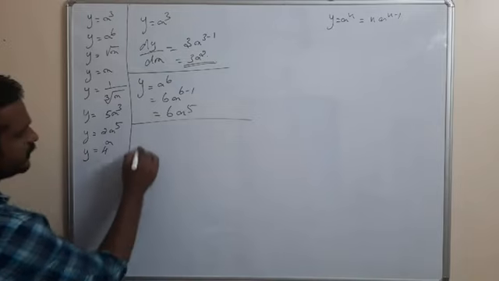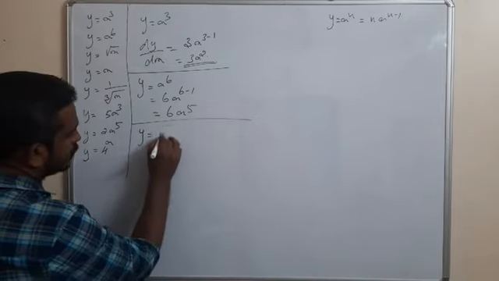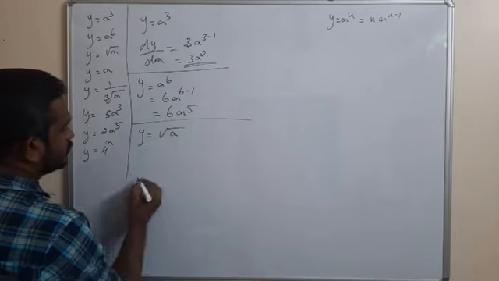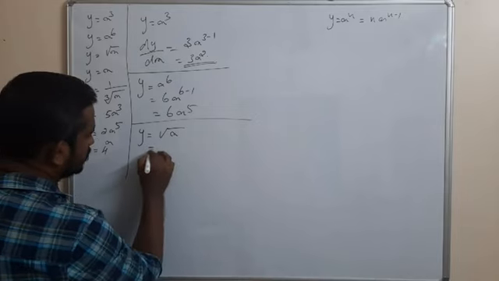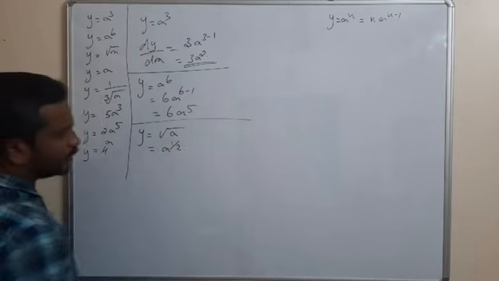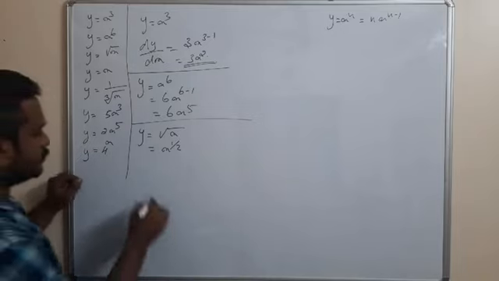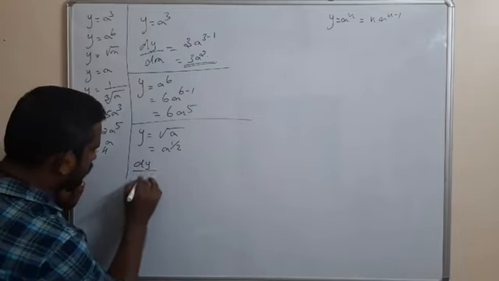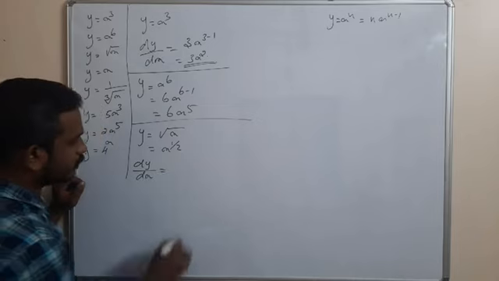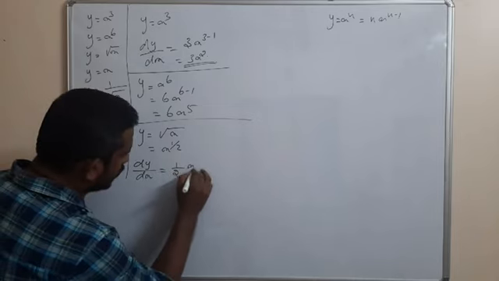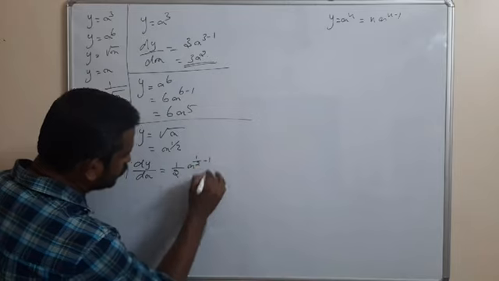y is equal to root x. Root x we can write as x power 1 by 2. So dy by dx equal to half into x power 1 by 2 minus 1.